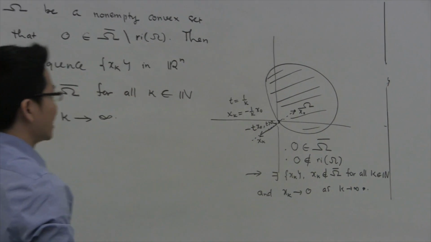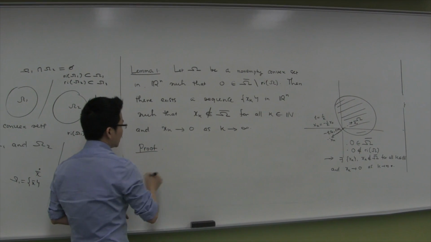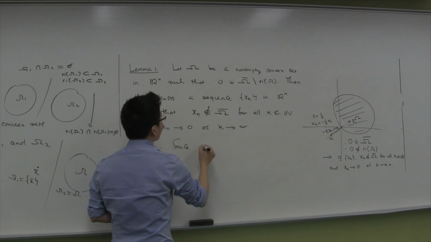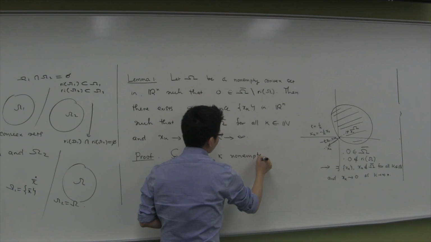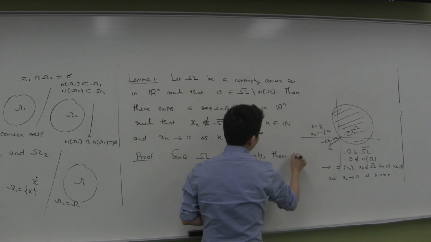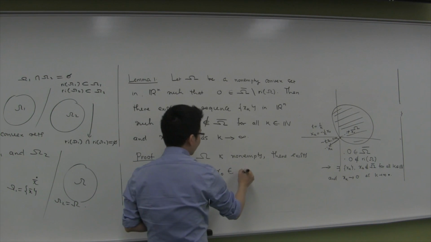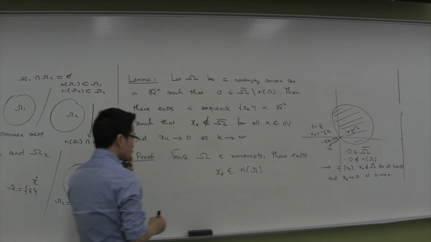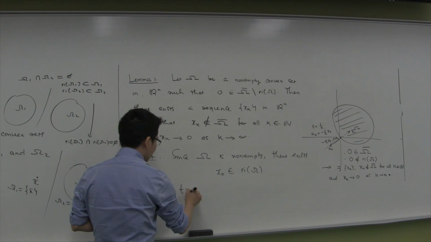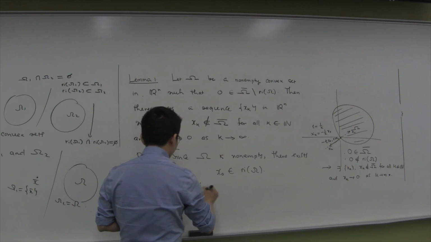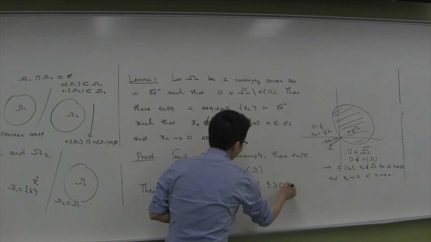Okay, so let me go ahead and give the detailed proof. Since omega is non-empty, there exists a point x0 that is in the relative interior of omega. Then minus t x0 doesn't belong to the closure of omega for all t greater than 0.